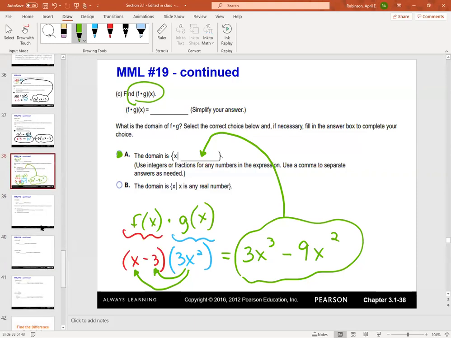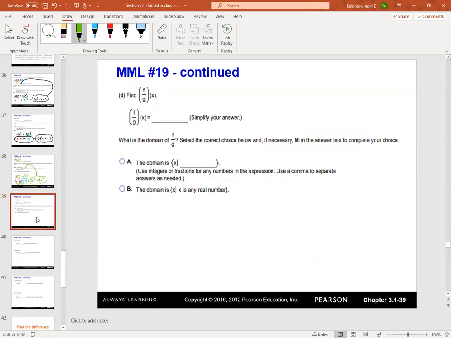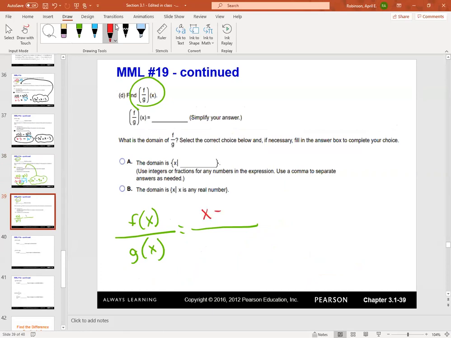And then it went on to part D. F over g of x means take the f of x function and divide it by the g of x function. Of course, the f of x function was just x minus 3, and g of x was 3x squared.